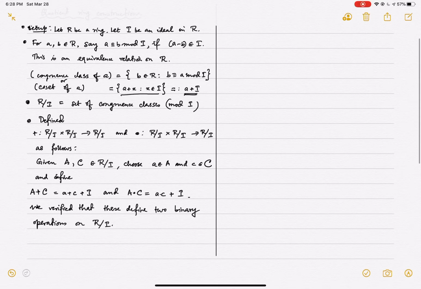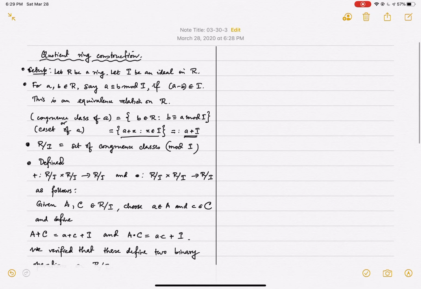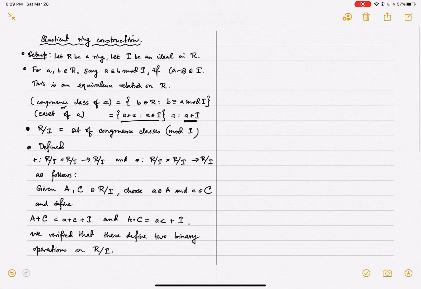I want you to observe, and this is a crucial observation, that the operations plus and dot defined on R mod I satisfy the following.